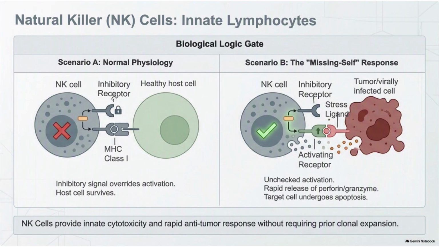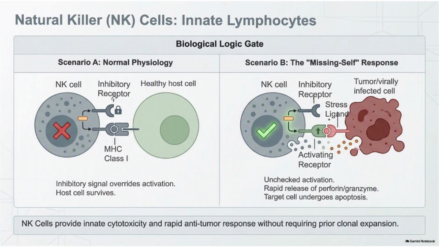But some virus-infected or transformed cells can reduce MHC class I expression. Now that inhibitory signal becomes weaker or disappears, a concept often called missing self-recognition. If activating signals are sufficiently strong and inhibitory signals are insufficient, the balance can shift towards killing.